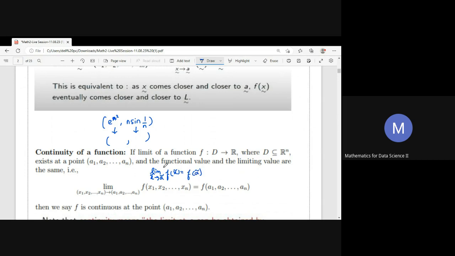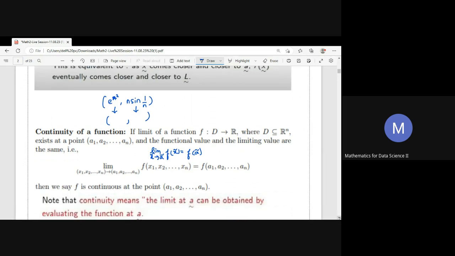So if this limit first of all exists and is exactly equal to the function value, then the limiting value and the function value coincide. In that case, we call the function continuous at this point a tilde. It exactly coincides with the definition we see for one variable functions.